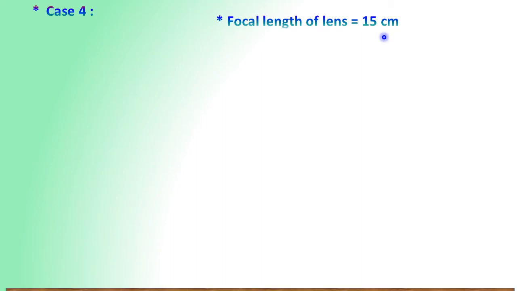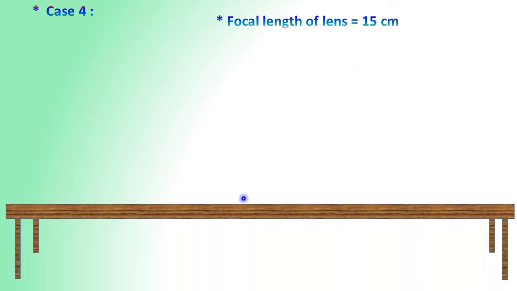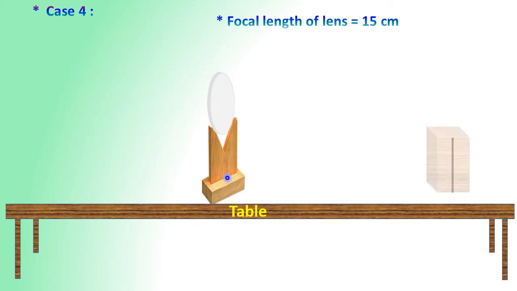In this case, I place the object at a distance of 50 centimeters. Case 4. Focal length of the lens equal to 15 centimeters, and this is the table. Here is the V stand, and a convex lens is placed on the V stand here.